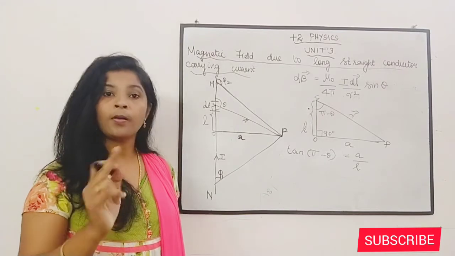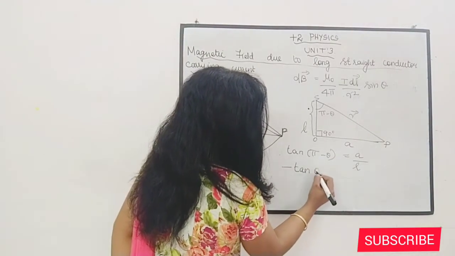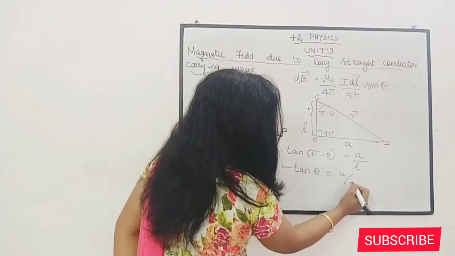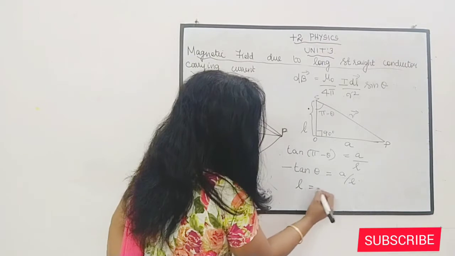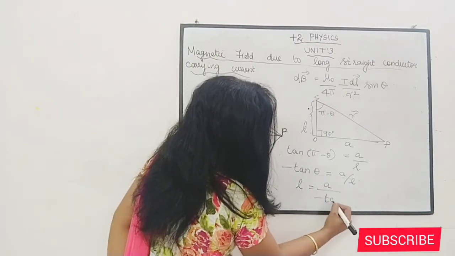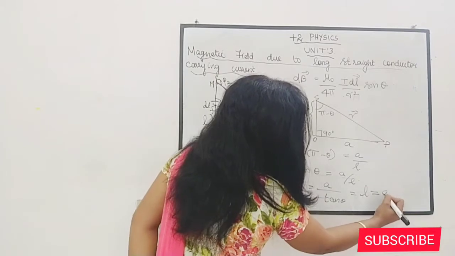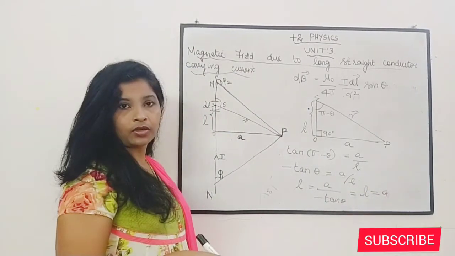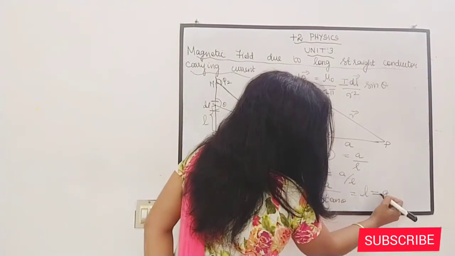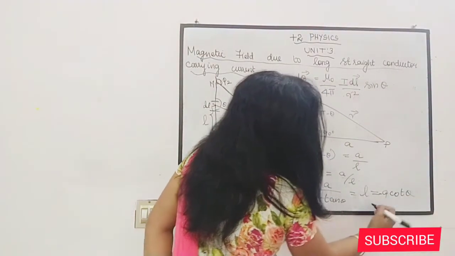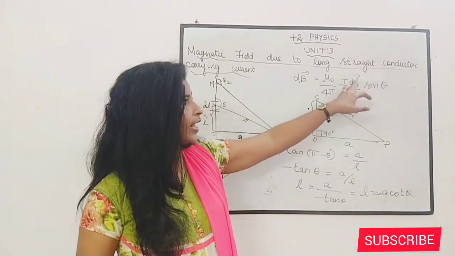It is minus tan theta. So minus tan theta is equal to a by L, so L is equal to a by minus tan theta. Writing 1 by tan theta as cot theta, L is equal to minus a cot theta. So I have got the value of L, because L is varying.